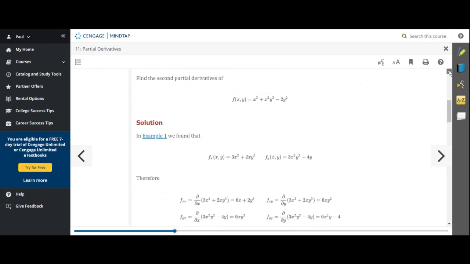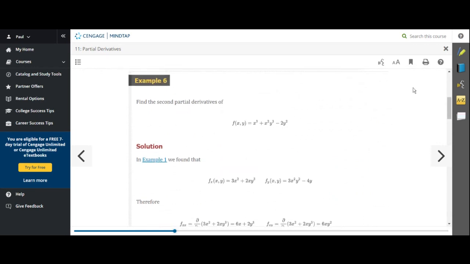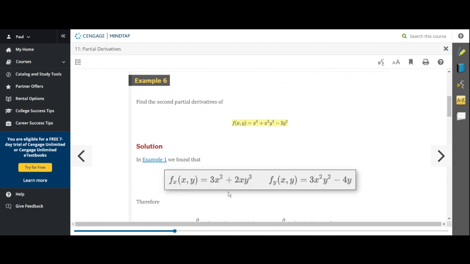Okay, so example 6 is find the second partial derivatives of this function. So first, you have to find the 2 first partial derivatives. You can't get the second partial derivatives until you've done the first partial derivatives.